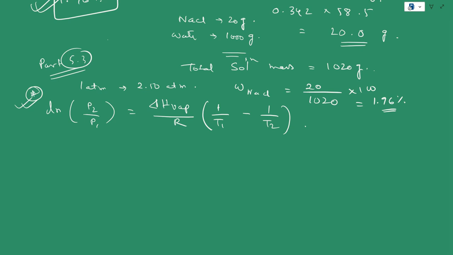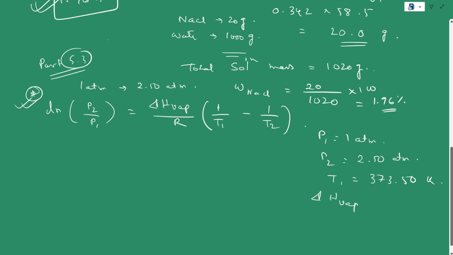Now given P1 is 1 atm, P2 is 2.50 atm, T1 is 373.50 K, delta H vap, this is 40.716 kilojoule per mole. And convert this to joule per mole. So this will be 40716 joule per mole, right?